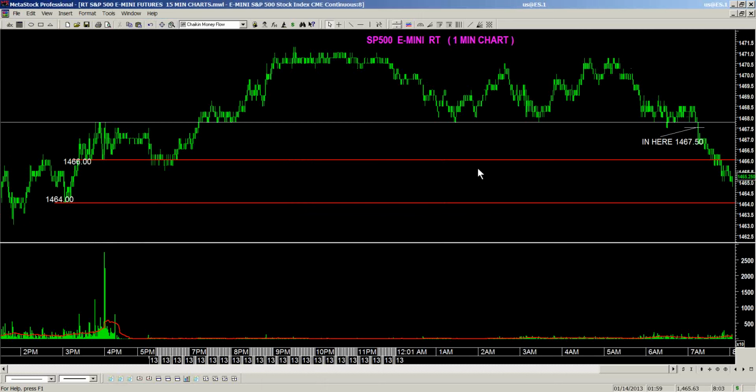Managing the trade to the downside, looking to get to 1464.